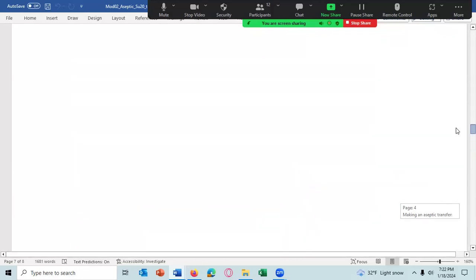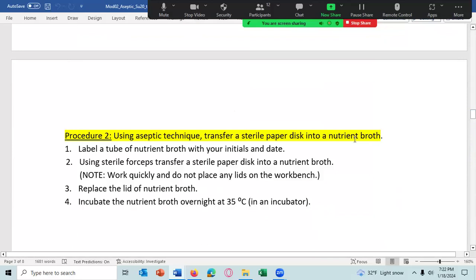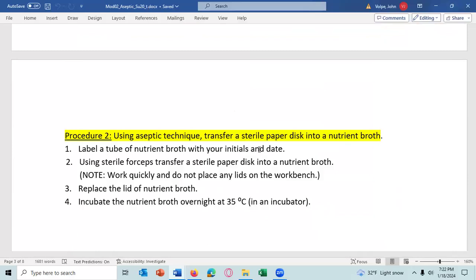If not, let's go back to procedure 2. In procedure 2, you're using aseptic transfer technique to transfer a sterile paper disc into a nutrient broth. How you do that is we have a paper disc in a petri dish, which has been autoclaved, so the paper is sterile. And then you get some forceps, which are obviously not sterile, and you clean them.